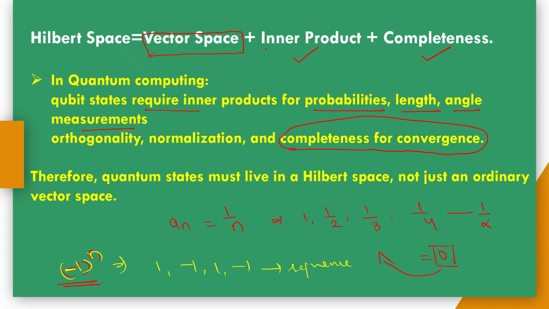It won't converge. So this is not completeness, whereas other sequences are complete. So Hilbert space must follow the vector space rules, in addition it should satisfy the inner product, and in addition there is the possibility to get completeness. The combination of these three is called Hilbert space.